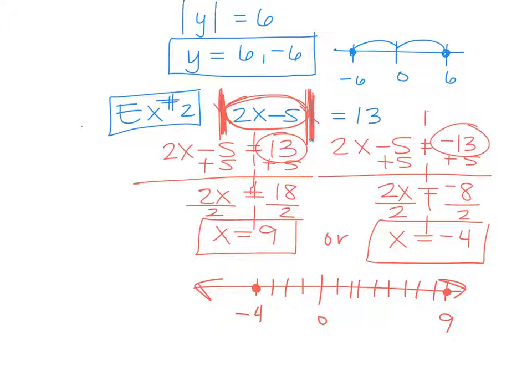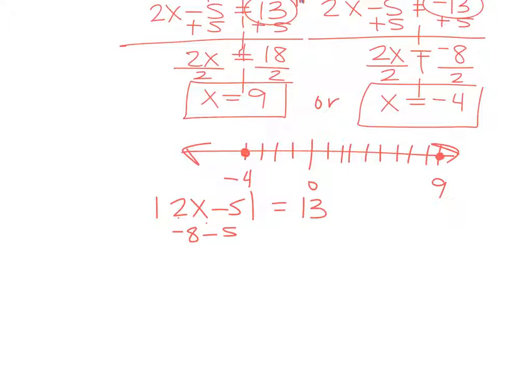Okay, and you can always double check that. If I plugged it back into my original, the absolute value of 2x minus 5 equals 13. 2 times negative 4 is negative 8 minus 5. So that's the absolute value of negative 13. Well, the absolute value of negative 13 is 13, so that checks out.